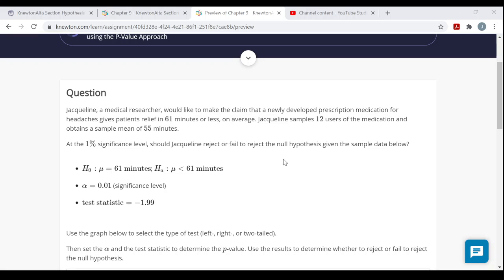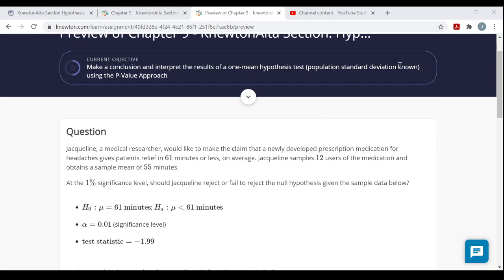Then what happened was, she took a sample of 12 users, found the sample mean of 55 minutes, and took 55 minus 61, the assumed mean, and then divided by the standard deviation, which would have been sigma divided by the square root of 12. We don't know what sigma is, but we're assuming that we know it, right?